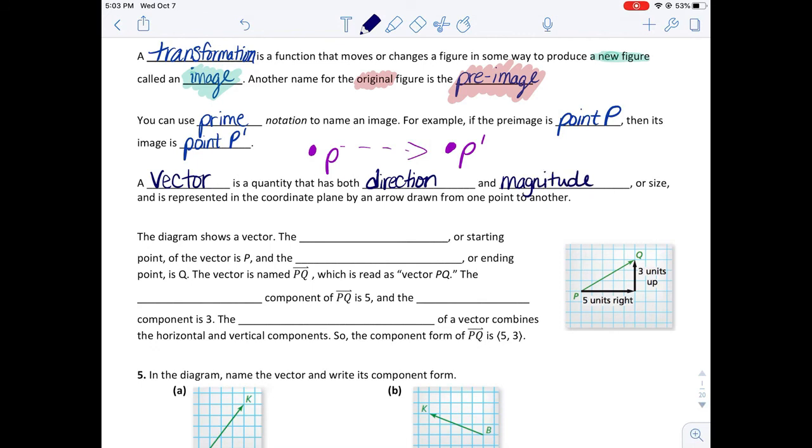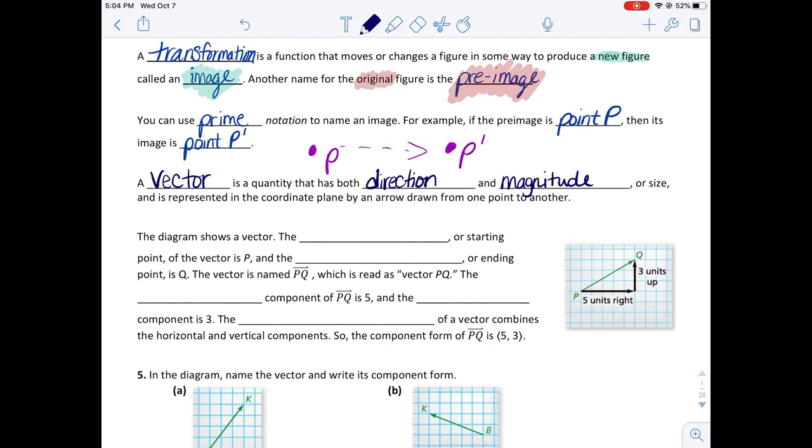Another way to think about that is a vector has its own size, and it's represented in the coordinate plane by an arrow drawn from one point to another. So down here in this example, it's the green piece. On the screen, it's green. That's an example of a vector.